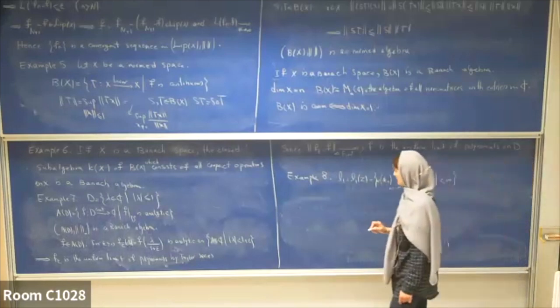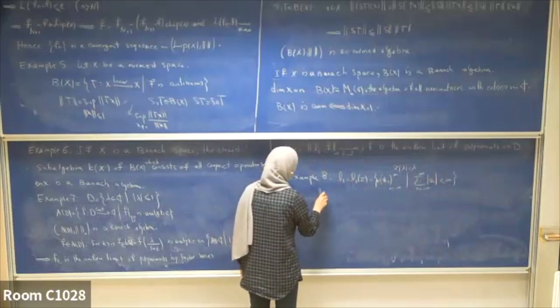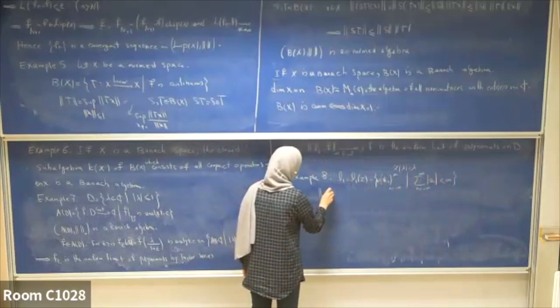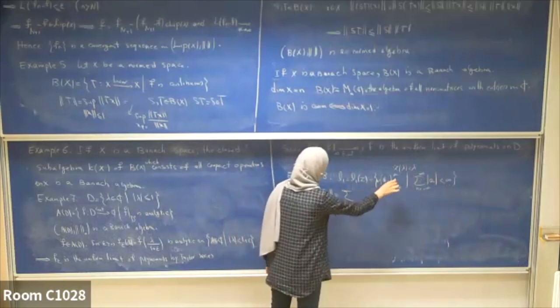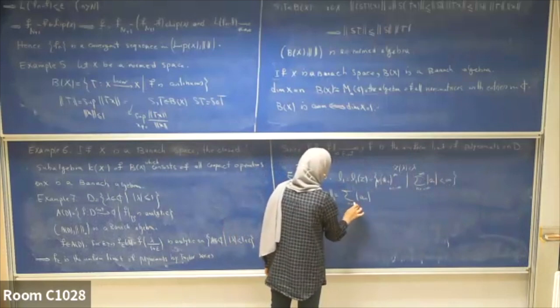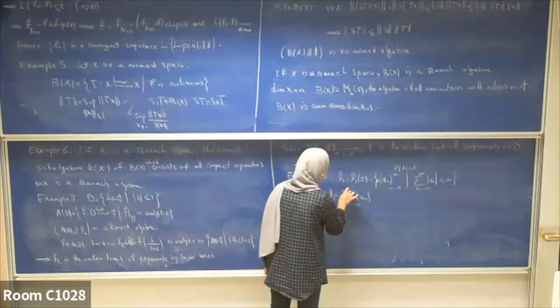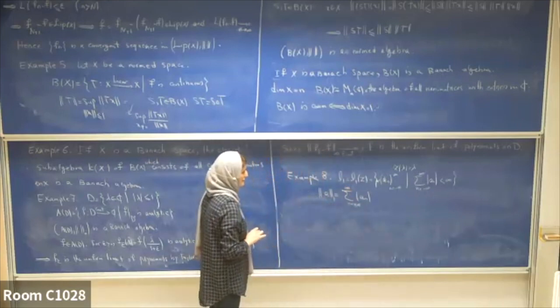We know that l1 with this norm, the norm of a_n being exactly this summation, with pointwise addition and of course pointwise scalar multiplication, is a Banach space.